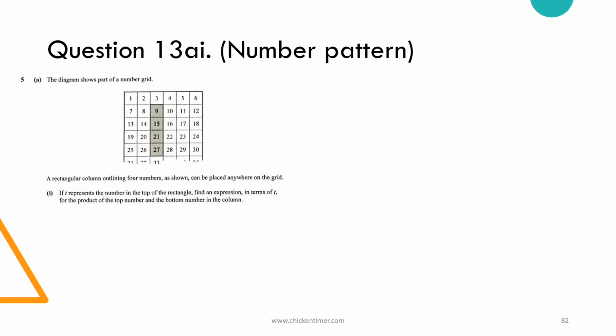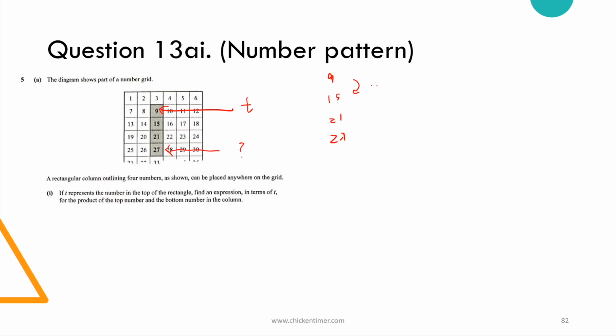So they say a rectangular column outlining 4 numbers is shown here. If t represents the number on the top of the rectangle, so this is t, then find an expression in terms of t for the product of the top and bottom. So I would see 9, 15, 21, 27.